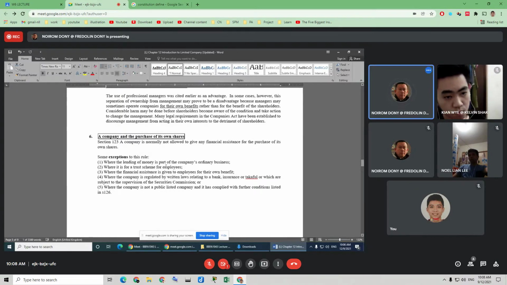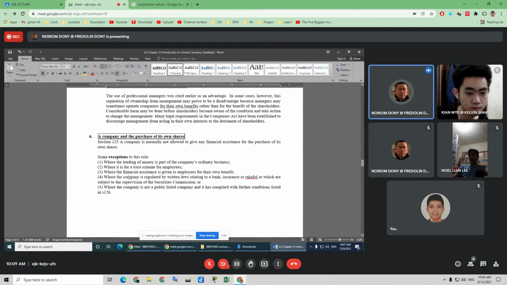Okay, meaning that is setting up a trust for the benefit of the employee. And where the financial assistance is given to employee for their own benefit. Okay, meaning they give financial assistance because this is for the benefit of employees in overall. Just now is a trust, but this one is for the benefit of the company.